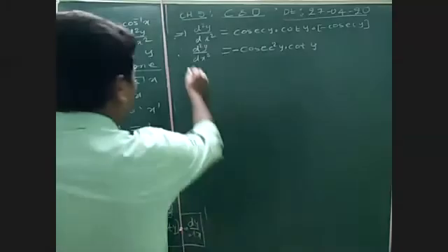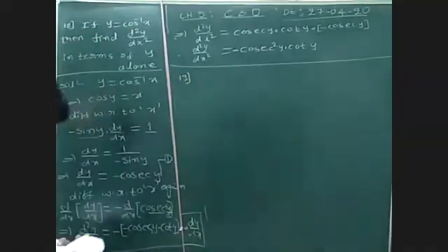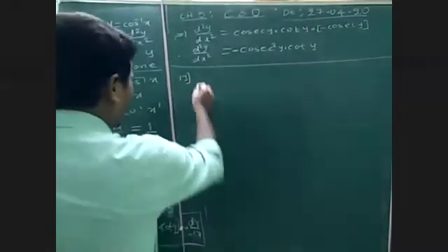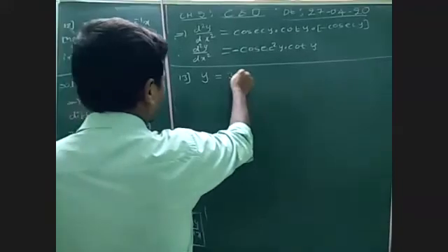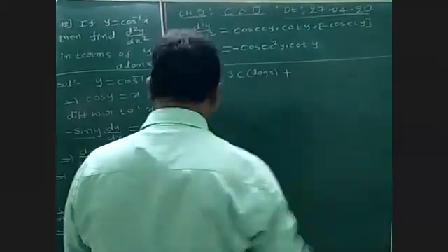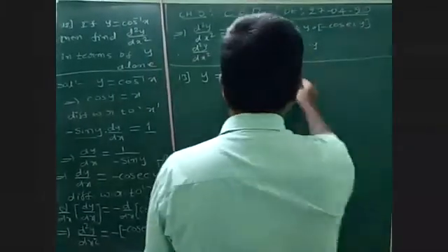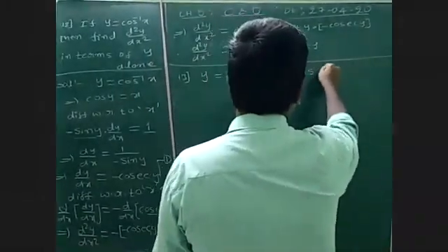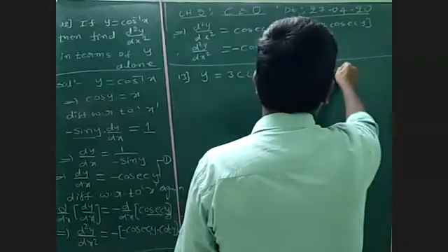Again, do this. Question number 30: y is equal to 3 cos log x plus 4 sin of log x.